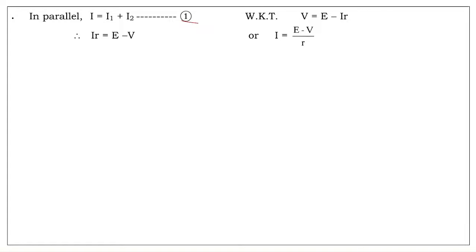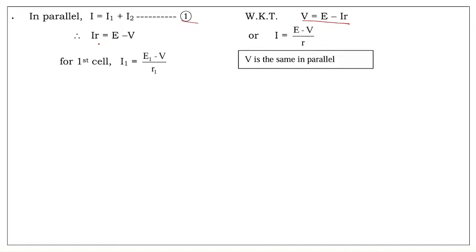Mark as equation 1. We know that V is equal to E minus IR. Therefore, IR is equal to E minus V, or I is equal to (E minus V) by R. For the first cell, I1 is equal to (E1 minus V) by R1. For the second cell, I2 is equal to (E2 minus V) by R2.